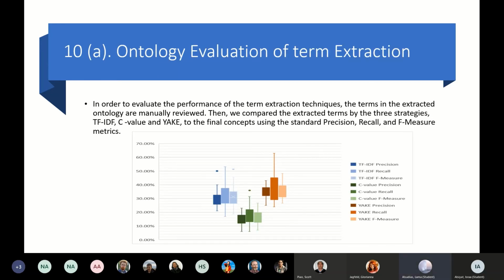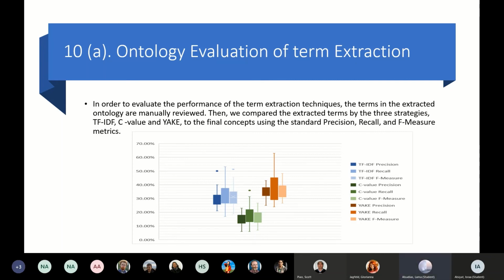For the evaluation of our term extraction, the extracted ontology terms were manually reviewed. Then we compared the terms extracted by three strategies, which are TF-IDF, C-value, and YAKE, to the final concepts using the standard precision, recall, and F-measure.